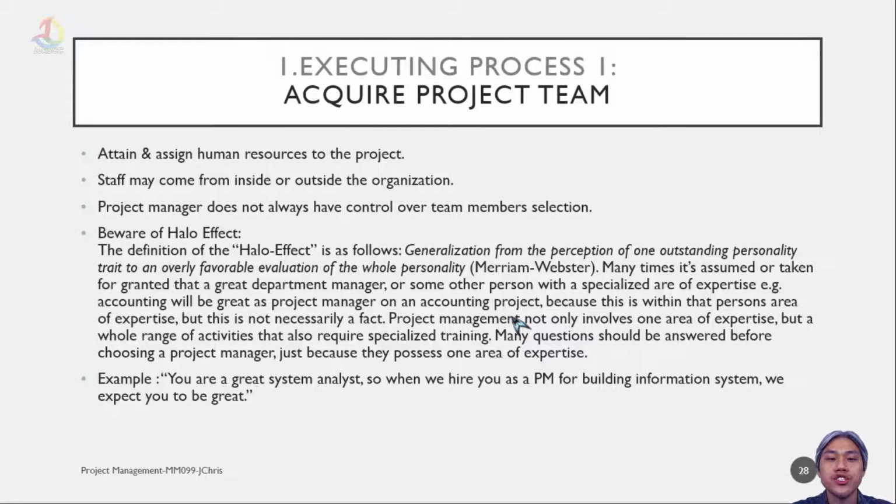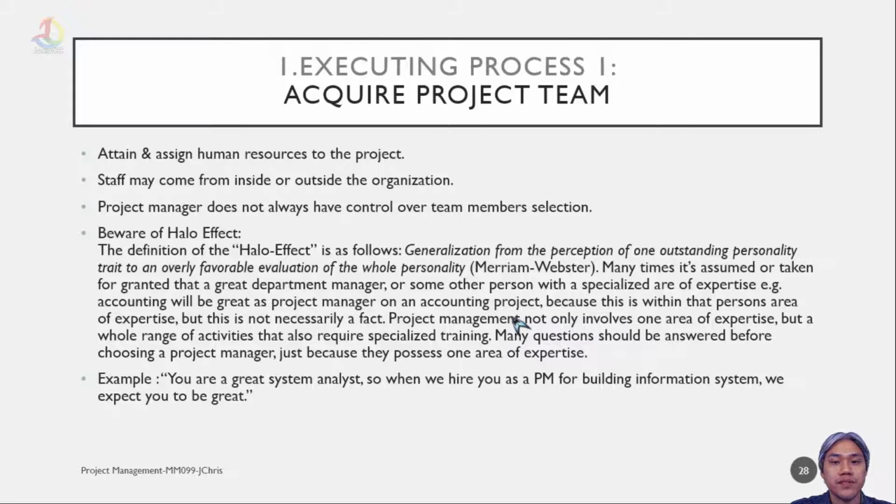So many times it's assumed or taken for granted that a great department manager or some other person with specialized skill or expertise, for example accounting, will be a great project manager for an accounting project because they think this is within the person's area of expertise. But it is not necessarily a fact.